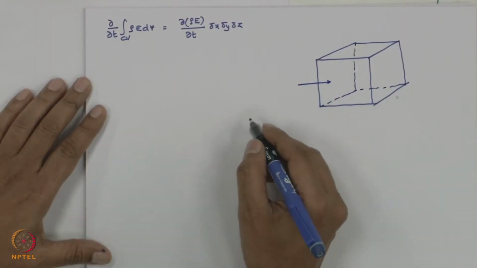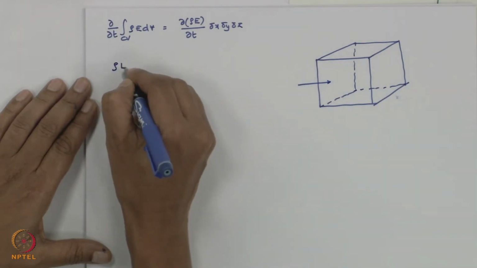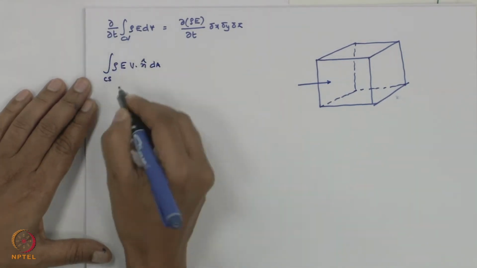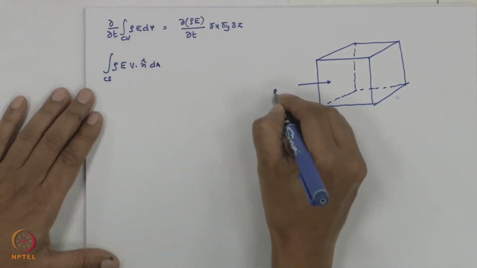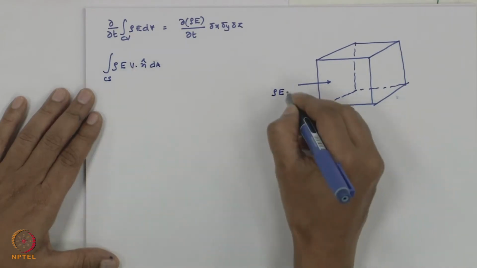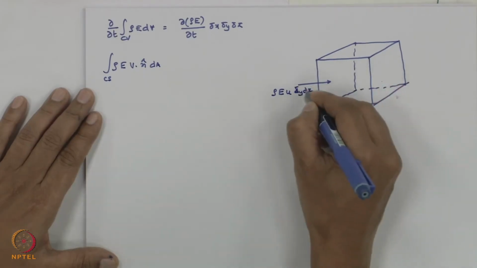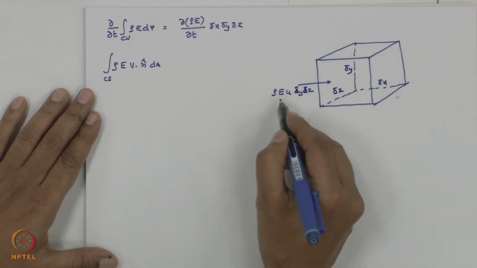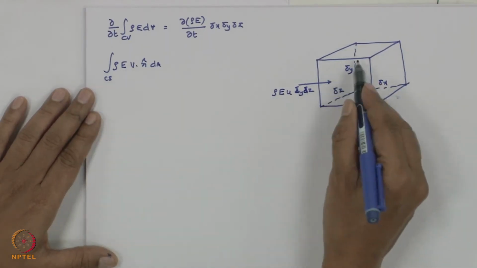So now I am writing ρE V·N dA across the control surface. This term, what is entering, ρE V·N is going to be ρEU times the area, which is Δy Δz.